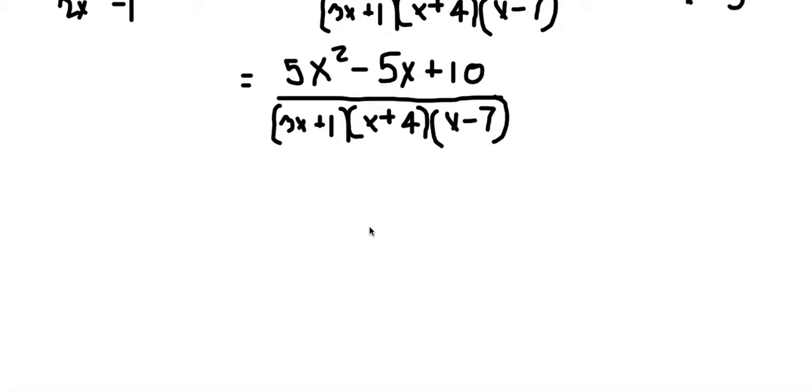Okay, so again, I can't cancel anything out yet because my numerator is not written as a product. But just looking at this, I do notice one thing about 5x squared minus 5x plus 10. And that is that a 5 goes into all three of those terms. So the first thing I'm going to do is factor out a 5.